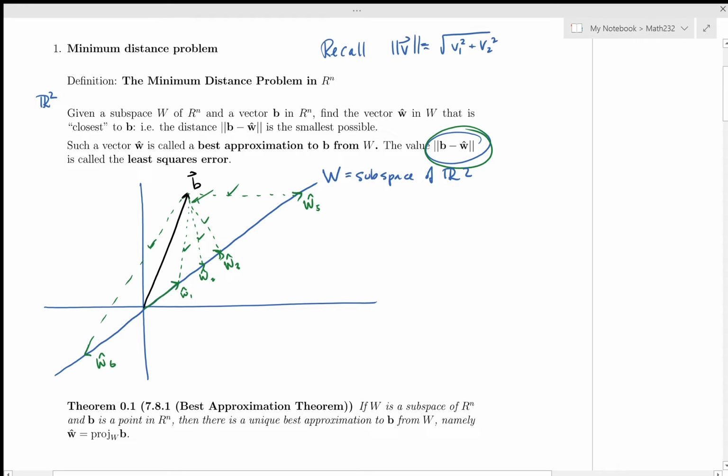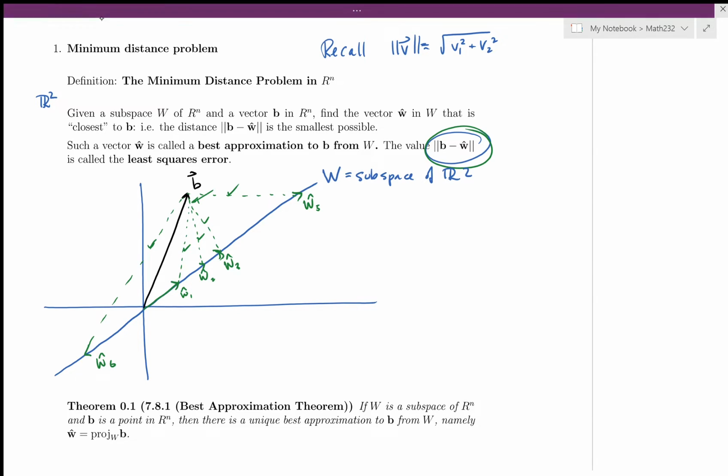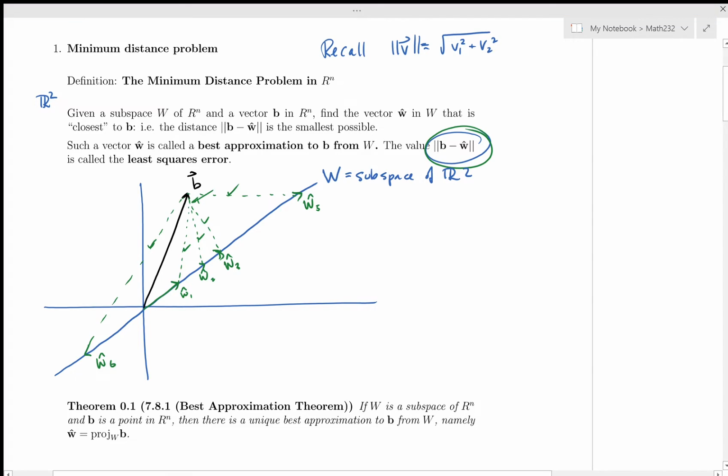I don't think it's difficult to see in this two-dimensional example that this line right here is the shortest. So of all the choices I could make, I should be picking this one here as W hat. That would be the vector in W that is closest to B, and closest means that this distance here is minimum.